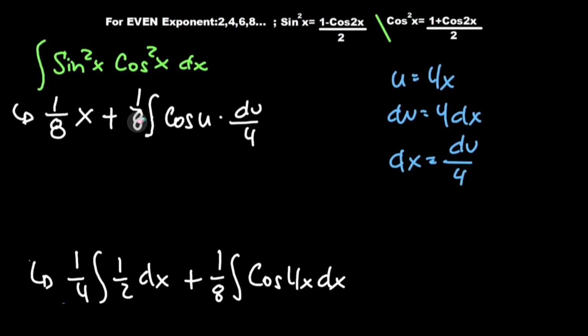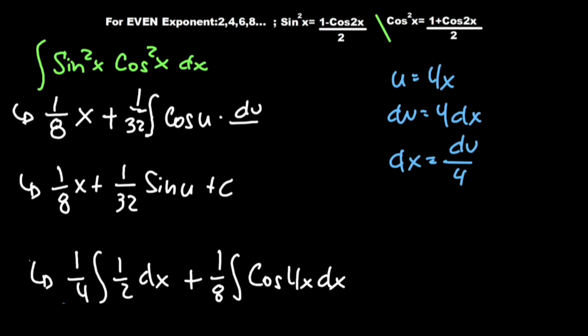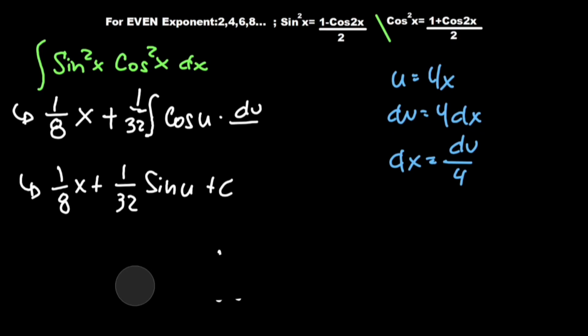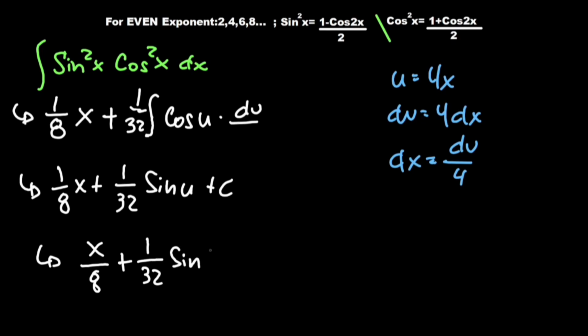Multiply 8 and 4, you would have the value of 32. And so, integral of cosine of u would be sine of u. So, the final answer for this particular integral would be x over 8 plus 1 over 32 sine u, here u is 4x, plus c.